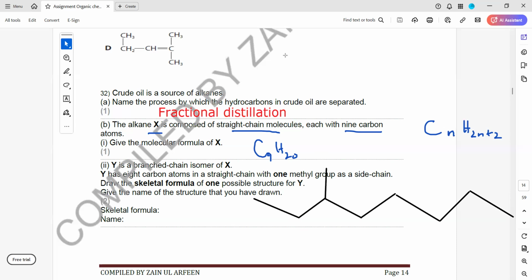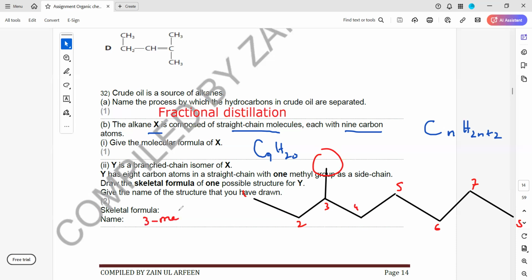So what is the name of this compound? I have to number it as well. If I number from the right hand side, this will be the first, second, third, fourth, fifth, and sixth carbon, so the sixth carbon is having a branch. But if I number from here, 1, 2, 3, 4, 5, 6, 7, and 8, the third carbon is having a branch. So what is the name of this compound?